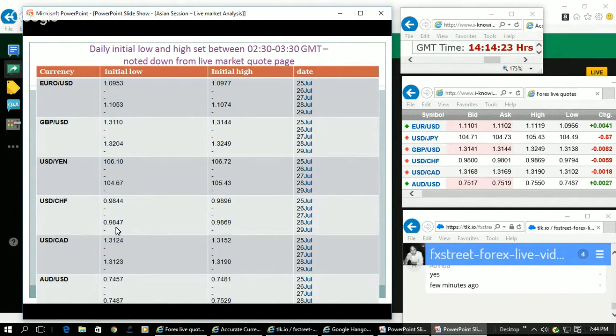In the case of CHF, they came down, as I explained, because they have been holding USD CHF below 98.47, the initial low, and then subsequently came down to 97.94, still holding below, and they are expected to make a further downward move. And in the case of the Australian dollar, 74.87 is the low and 75.29 is the high.